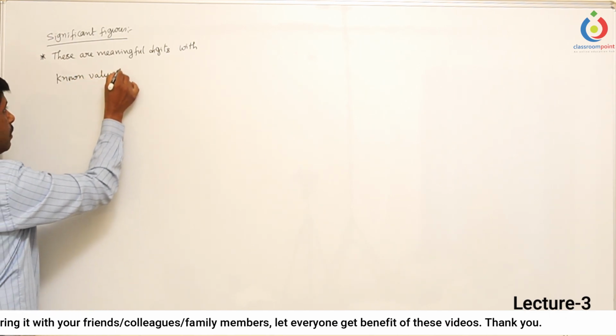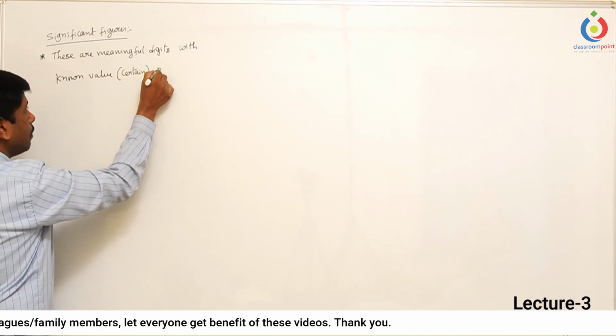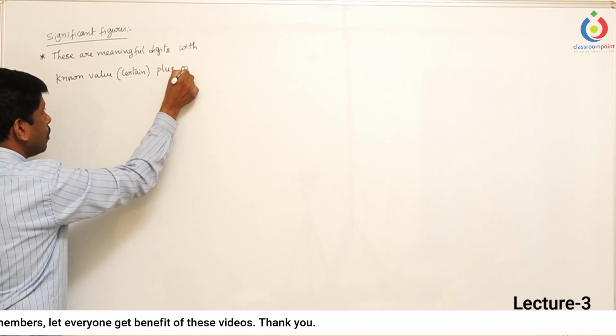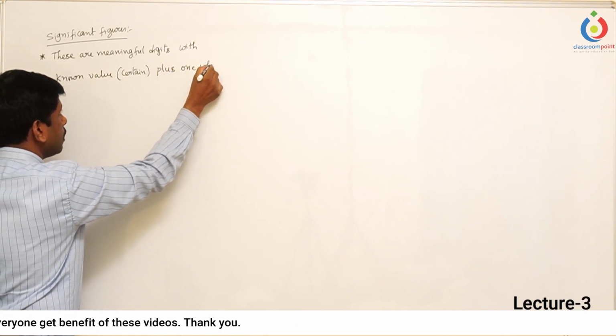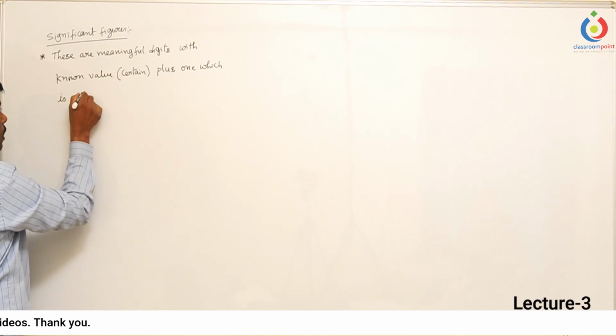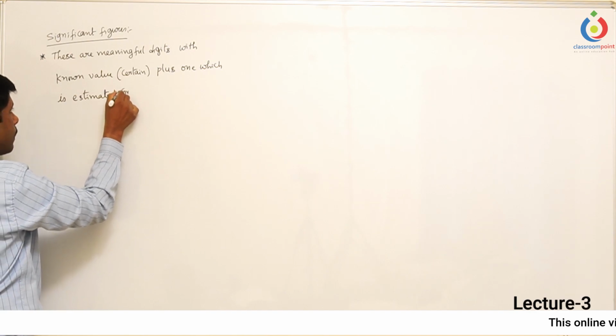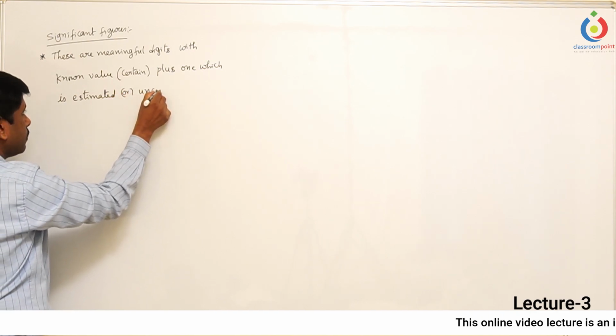This known value is a certain value, certain means a fixed value, plus one digit which is estimated or uncertain.